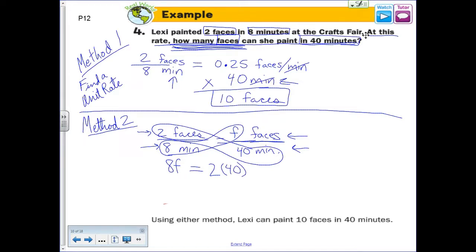Now, how would I solve this equation? How would I get F by itself? How would I isolate that variable? Hopefully you're thinking back to before break and you're going, oh, that's easy. You just divide both sides by 8.